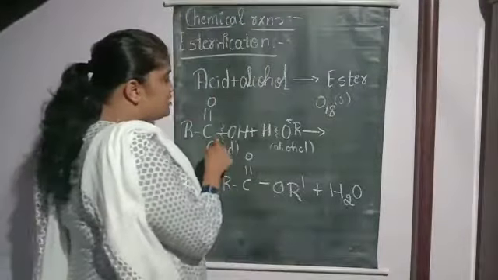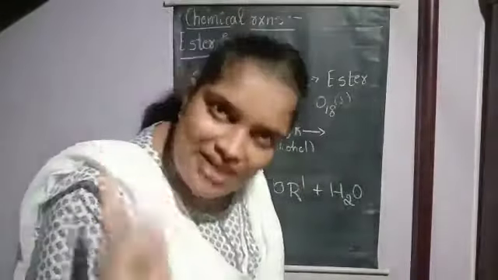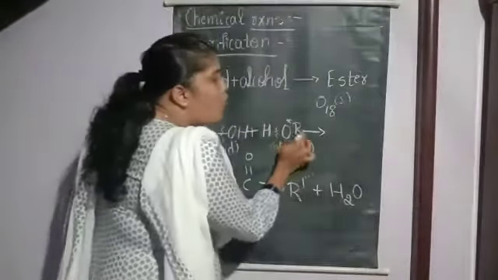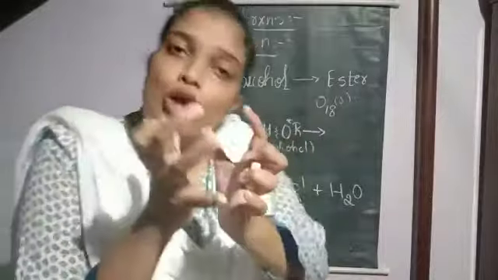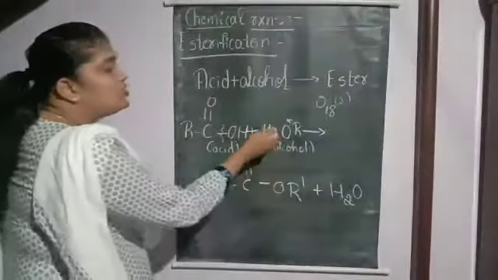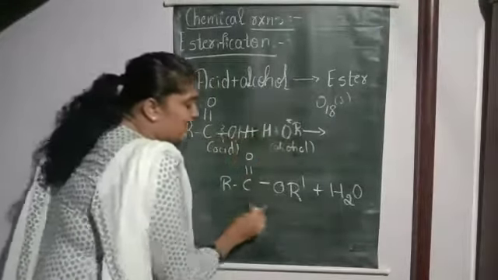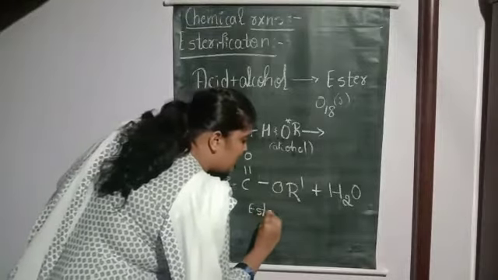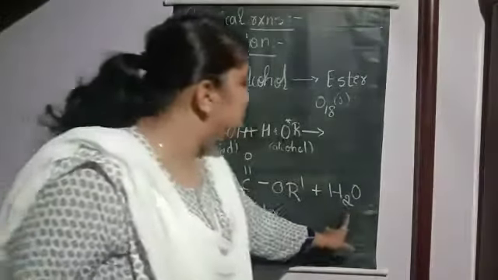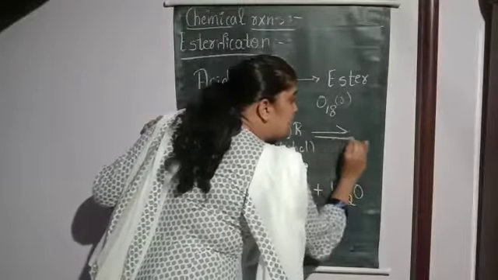Experimentally we see that whenever this acid combines with alcohol, the O-H bond cleaves, the OR group stays together, and the H is removed. That is the reason we say that hydrogen is cleaved from the alcohol group and OH is cleaved from the acid, forming ester. And this is water. One more thing, students, this is a reversible reaction.